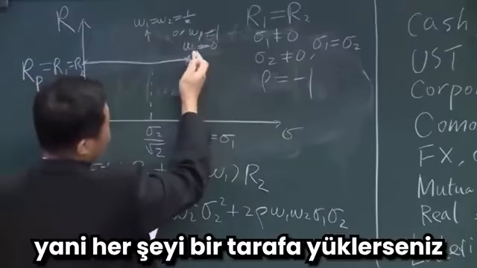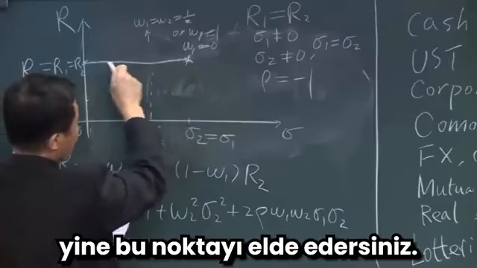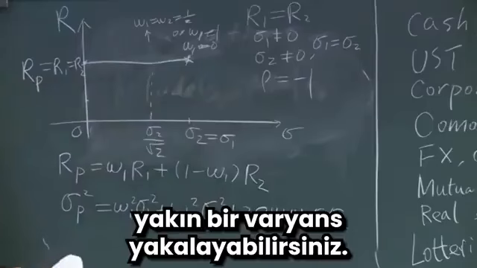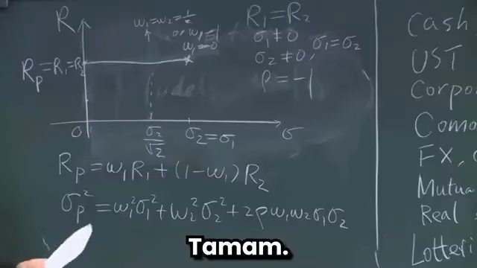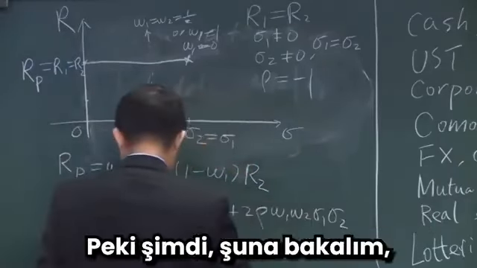So if you weight everything to one side, you're still going to get this point. But if you weight half and half, you can achieve basically zero variance. I think you learned that last time. Okay. And so let's look beyond those cases.